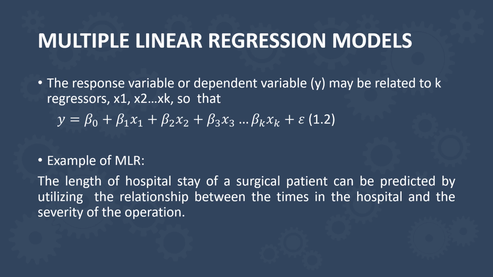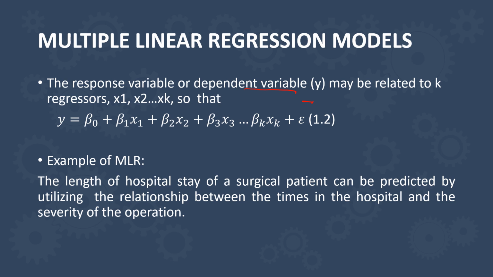In multiple linear regression, the response or dependent variable y is related to multiple predictor variables, k regressors, through the following equation: y equals beta naught plus beta 1 x1 plus beta 2 x2 up until beta k xk. So k is the number of regressors. It could be 3, 4, 5, or 10, or 15.